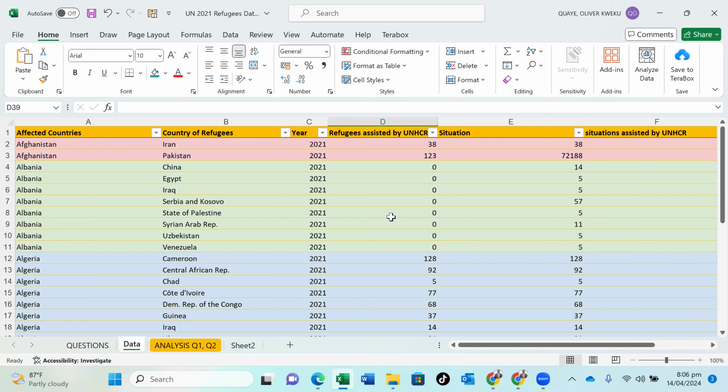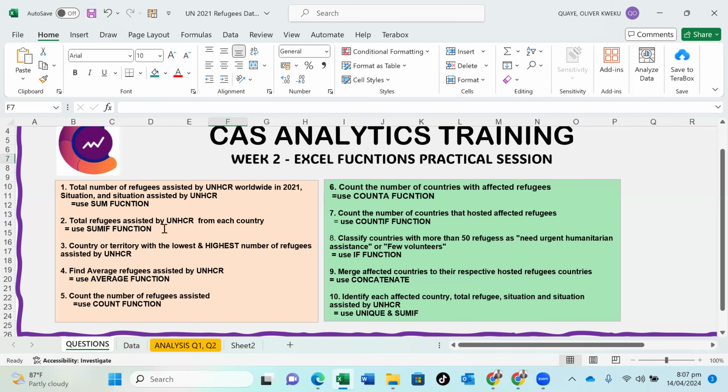The sum function is used for quantitative calculation, period. But sum if is when we have a criteria. What is a criteria? When we are looking for something from qualitative and quantitative variables. Now, we need the sum total for each country.